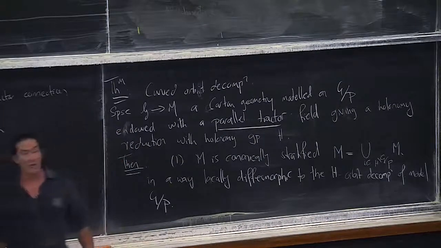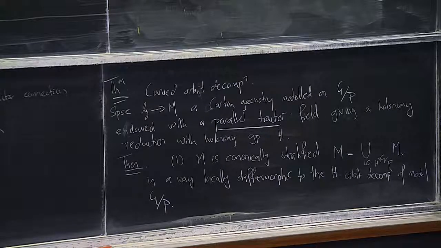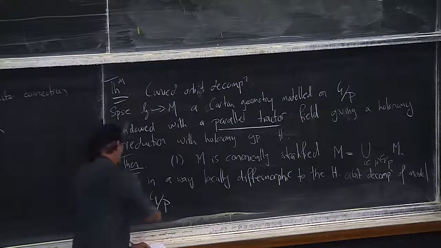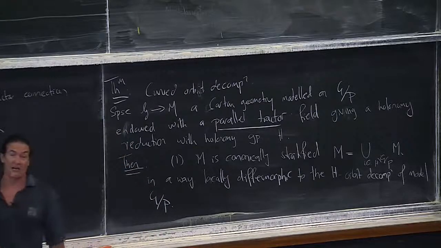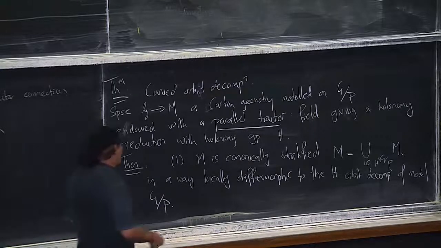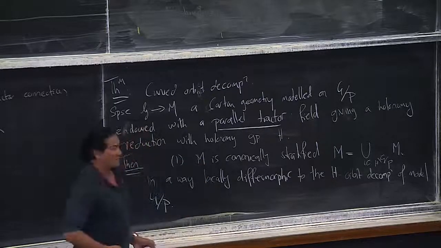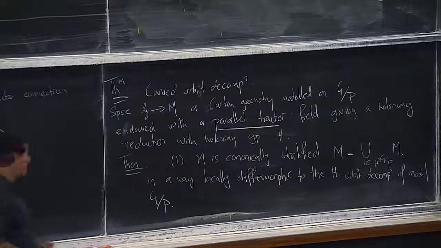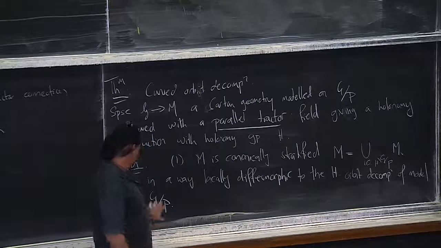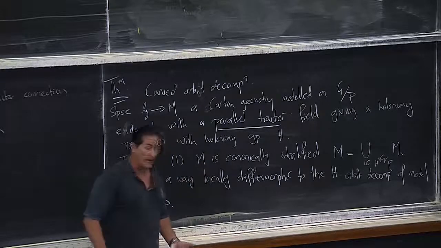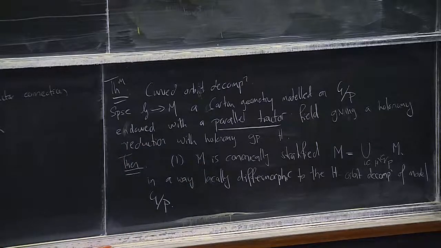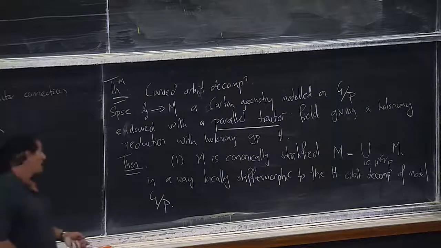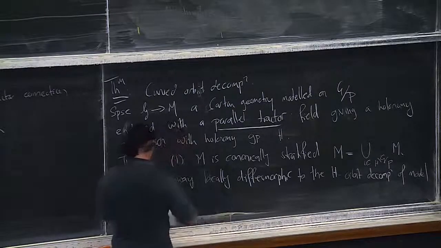So you look at your homogeneous space, G mod P, look at what happens under the action of H, then this decomposes into strata, just the orbit decomposition. What this is saying is that when you do this with a curved Cartan connection, you ask for a parallel object which corresponds to reducing to this group H in the model, then you get a similar stratification of the curved structure, the underlying manifold. And locally it looks just like the model.